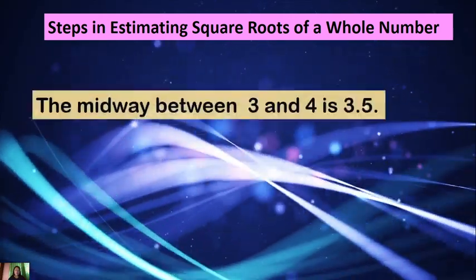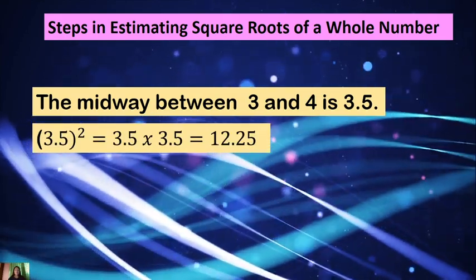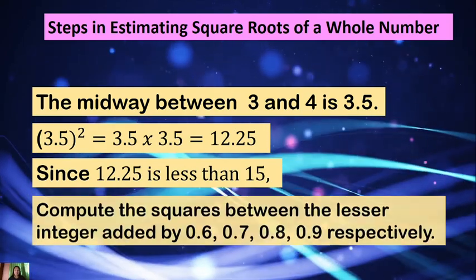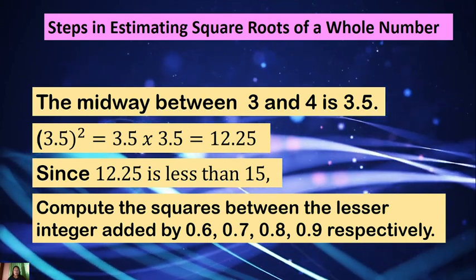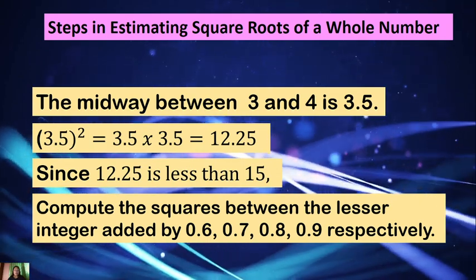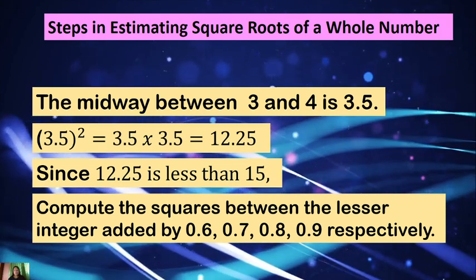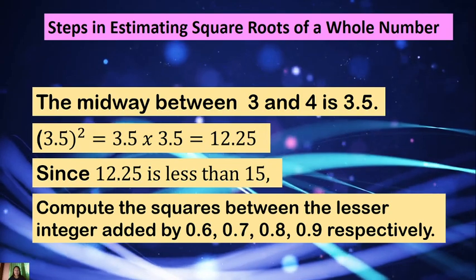Okay, so ito na yung solution natin. Correct. So we have 12.25 and it is less than 15. Therefore, we are going to make use of 0.6, 0.7 until 0.9 using what integer? That is 3, right?